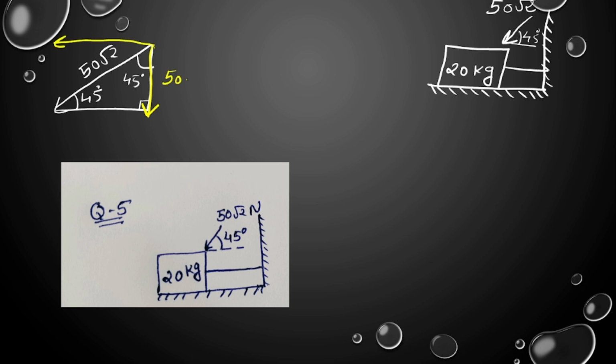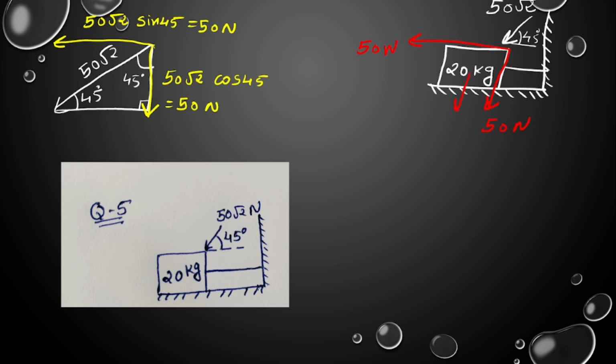So this is 50 root 2 cos 45 and this is 50 root 2 sin 45, which comes out as 50 Newton. So instead of writing 50 root 2 at angle 45 degrees with horizontal, I will convert it into this 50 Newton, this 50 Newton, and the resultant of these will be in this direction, 50 root 2.